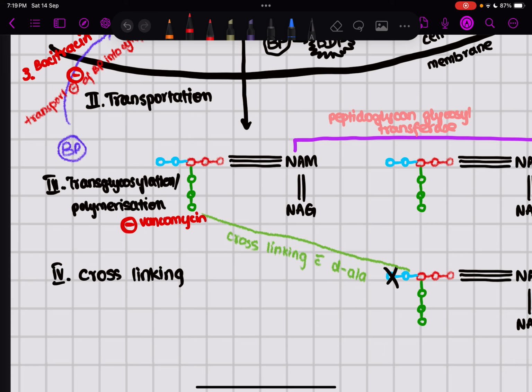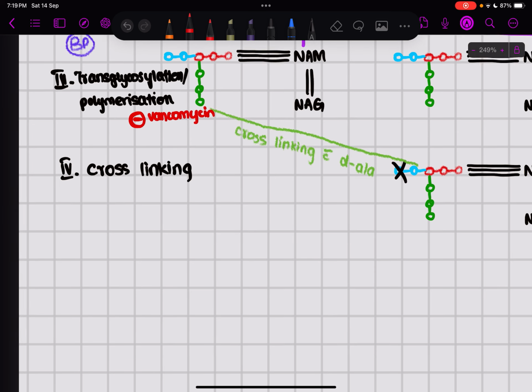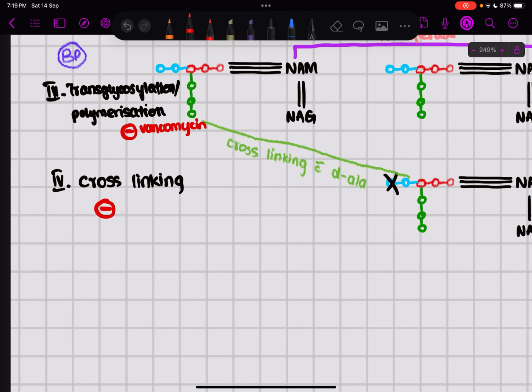After this one is blocked by vancomycin, the last one we have got is beta lactams. Beta lactams inhibit cross linking. So the cross linking is inhibited by beta lactams.